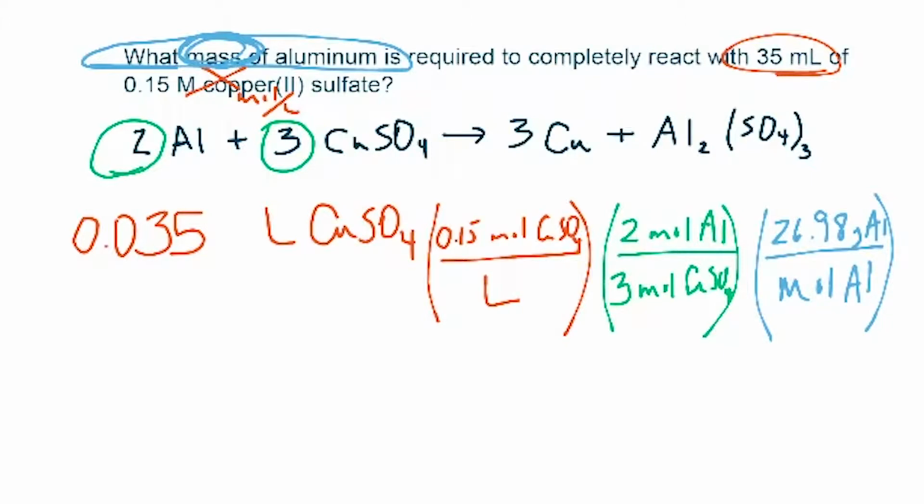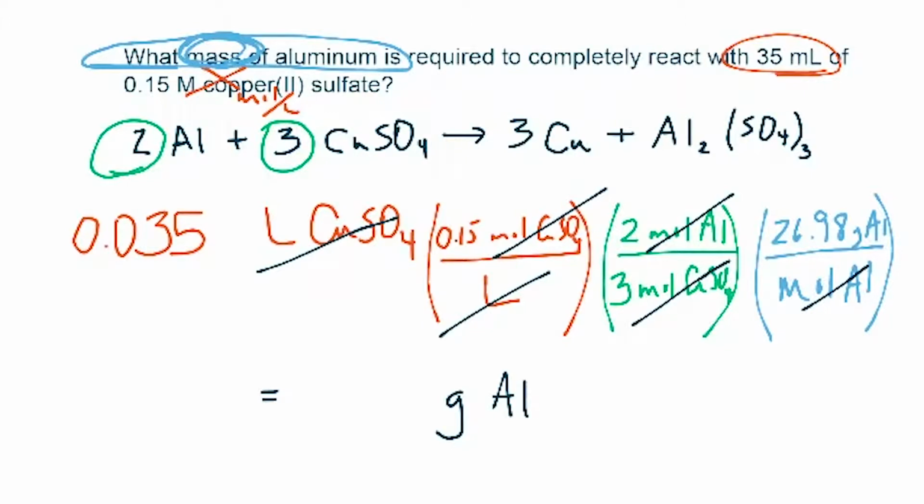So before I pick up my calculator, I want to make sure my units are working for me. So I have liters canceling with liters, moles of copper(II) sulfate with moles of copper(II) sulfate, and moles of aluminum with moles of aluminum. I'm left with grams of aluminum, which is good because that's what I was asked for.